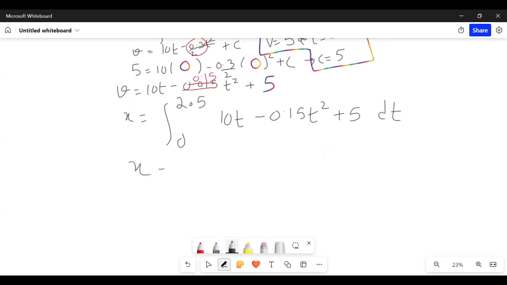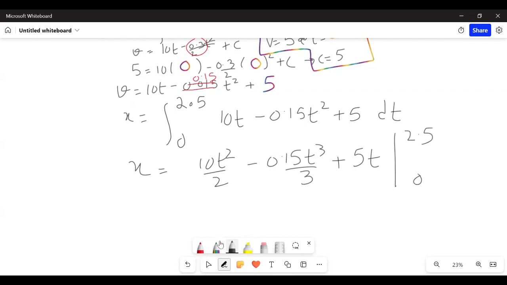Okay, so that gives 10t square upon 2 minus 0.15 t cube upon 3 plus 5t, and the limits are 2.5 to 0. 2.5 से एक आंसर आएगा और 0 से एक आंसर आएगा. 0 से तो 0 ही आएगा, और 2.5 से आना चाहिए 42.97.